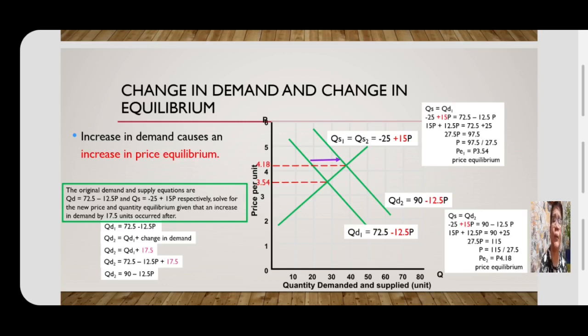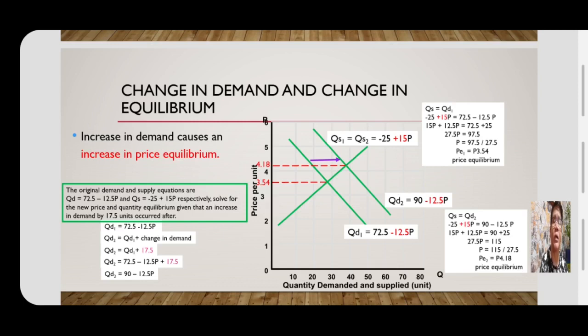So let us start from stating our demand equation. Our original demand equation is QD1 equal to 72.5 minus 12.5P.